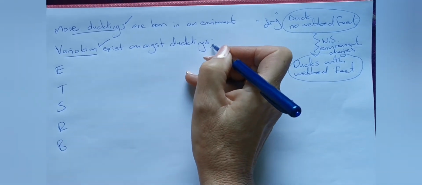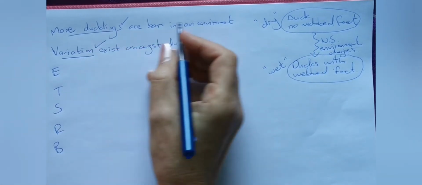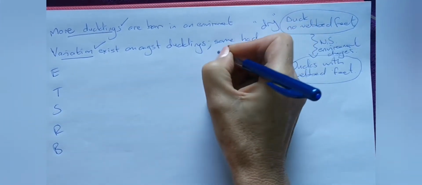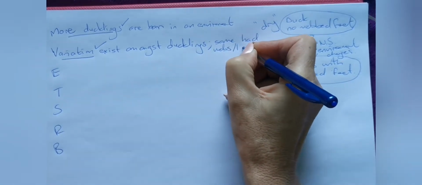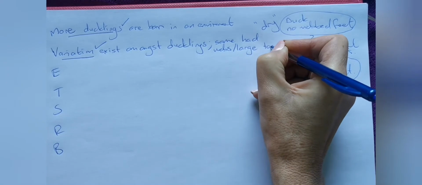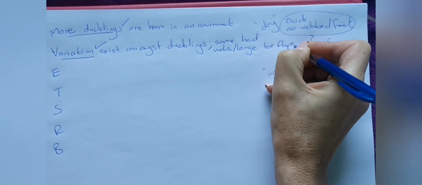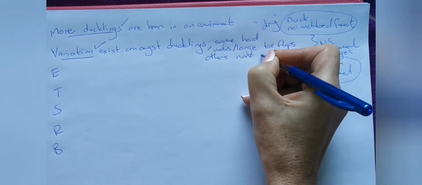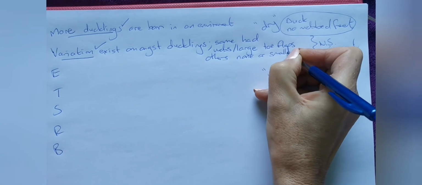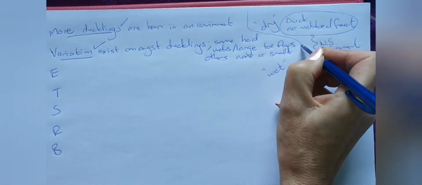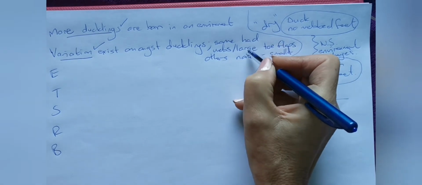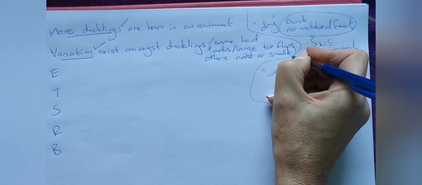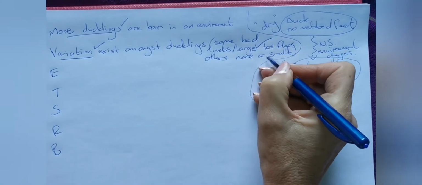So I'm going to imagine that amongst all the ducklings there were variations in the sense that some had webs, or we could say large toe flaps, or skin flaps, and others had none or smaller toe flaps. So we need to distinguish between the actual variations. So 1 mark for saying there were variations, but a whole extra mark for saying what those variations are.